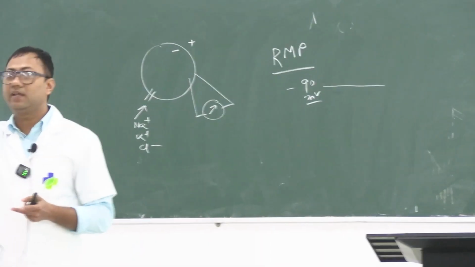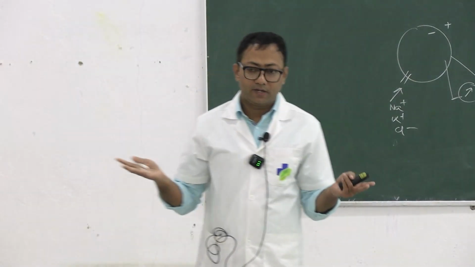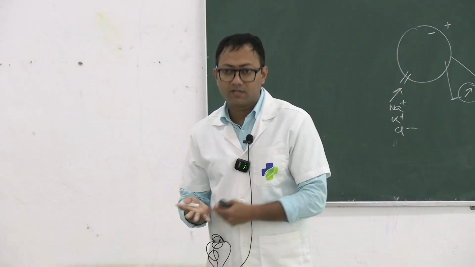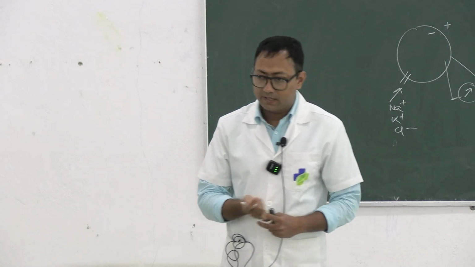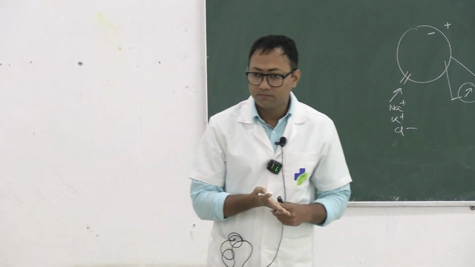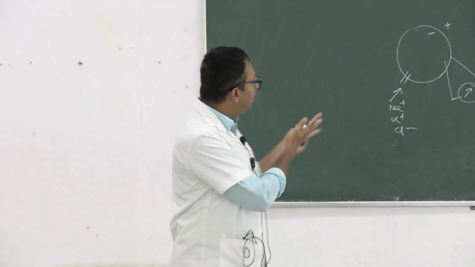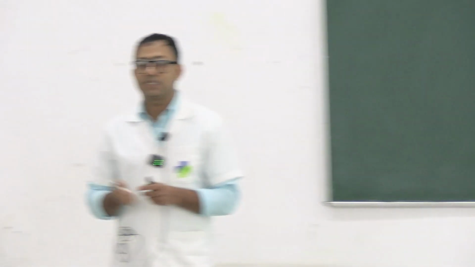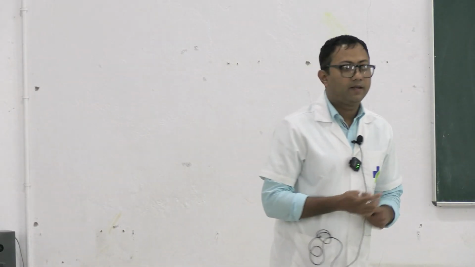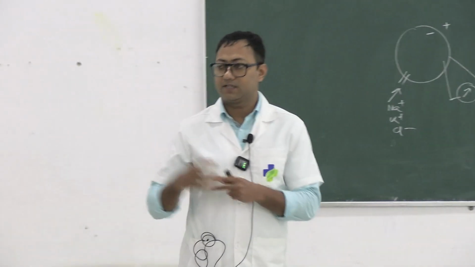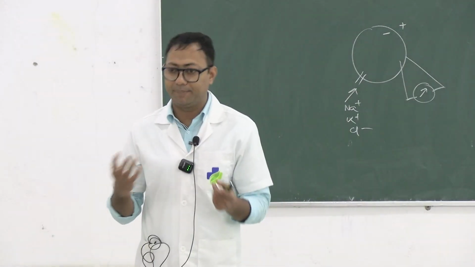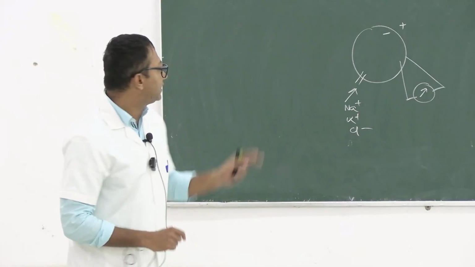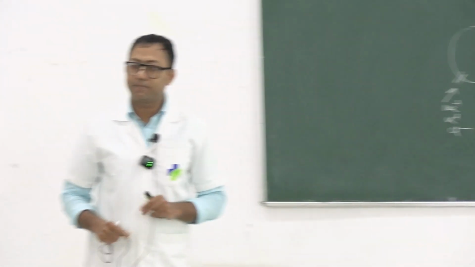The electricity and wiring we use in our day-to-day life we measure in volt and ampere, and resistance in ohm. But in electrophysiology, potential difference we measure in millivolt, and electric current flow we measure in milliampere. So for this cell, the resting membrane potential is minus 90 millivolt.